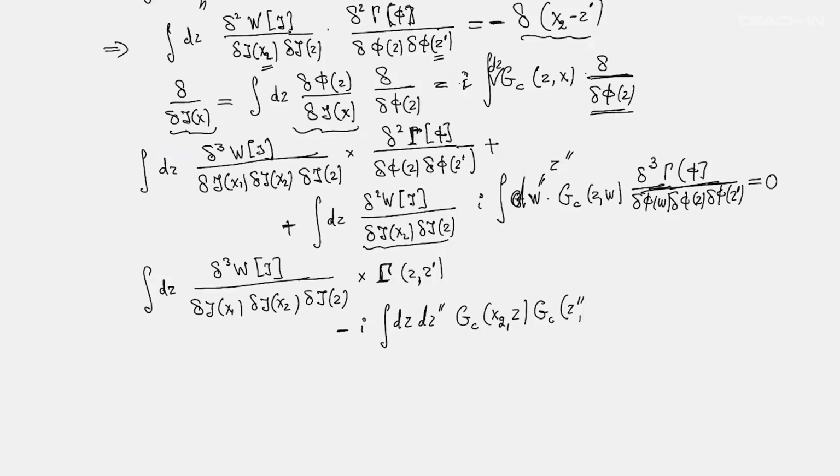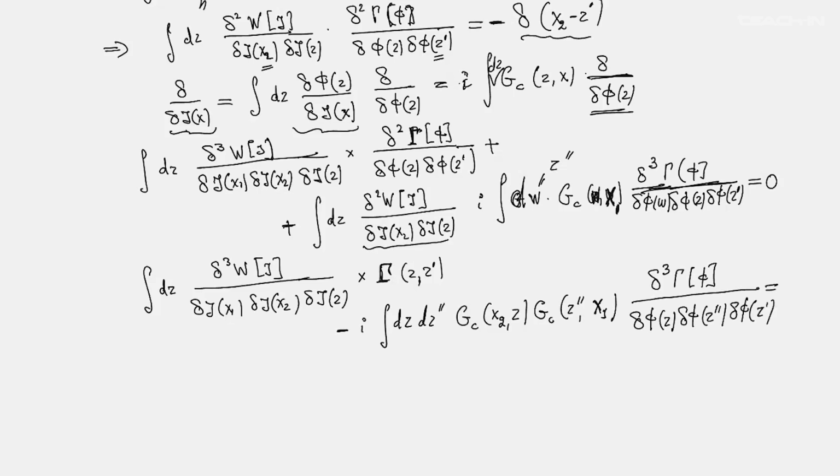I make j to be x1. Sorry, here must be x1, and here must be w, like this. So x1 is there, and here there is a third derivative of gamma on phi, differentiated over w, which is now z prime. So I first write z, then z double prime, and then phi on z prime. And this is all equal to 0.